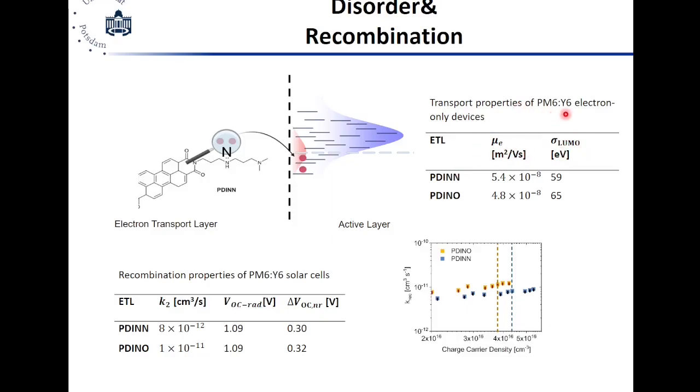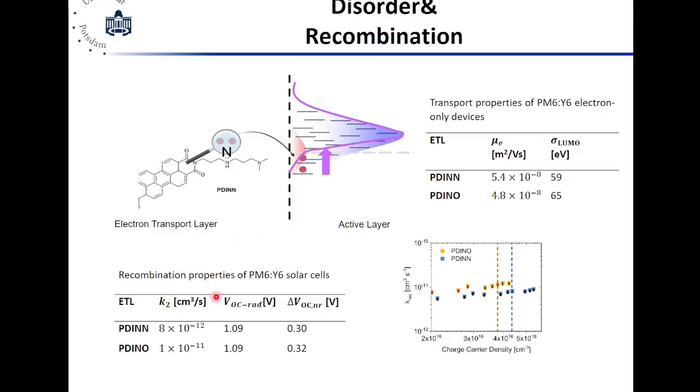The PM6Y6 electron-only devices have a little bit higher electron mobility when PDNN is used as the ETL, and also the LUMO disorder for PM6Y6 is suppressed. So this charge spilling that's taking place seems to be filling up some states in the Gaussian density of states. Therefore, we are seeing a smaller disorder.